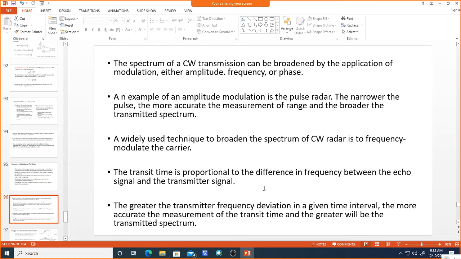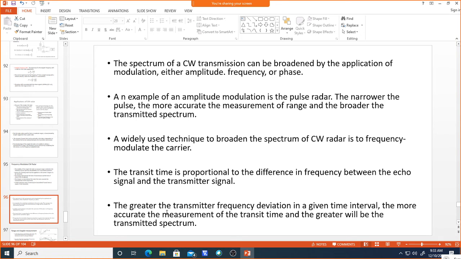Generally the transit time is proportional because of the time taken from the transmitted signal to reach the target and be reflected back. That time is directly proportional to the frequency shift happening between the transmitted and received signal. Because of the path difference, a frequency difference comes between transmitter and receiver, which is directly proportional to this transit time.